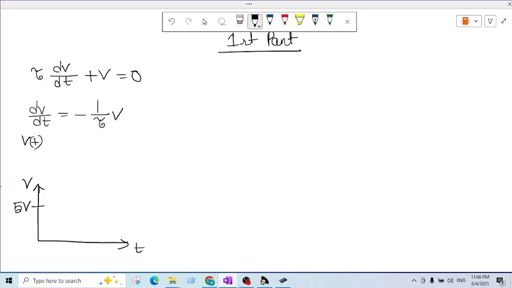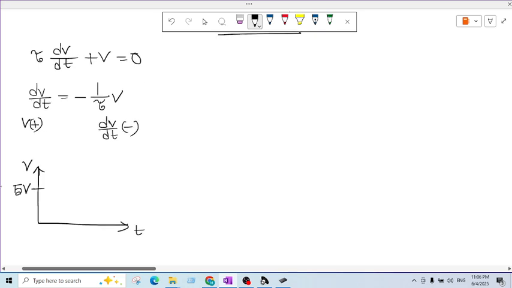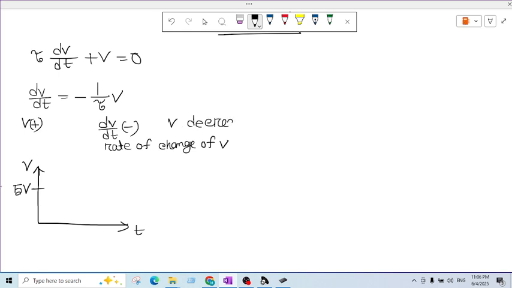Now from this equation it's clear that dv by dt is negative. And what is dv by dt? dv by dt is the rate of change of v, and we know that if the rate of change is negative, then that thing will decrease.